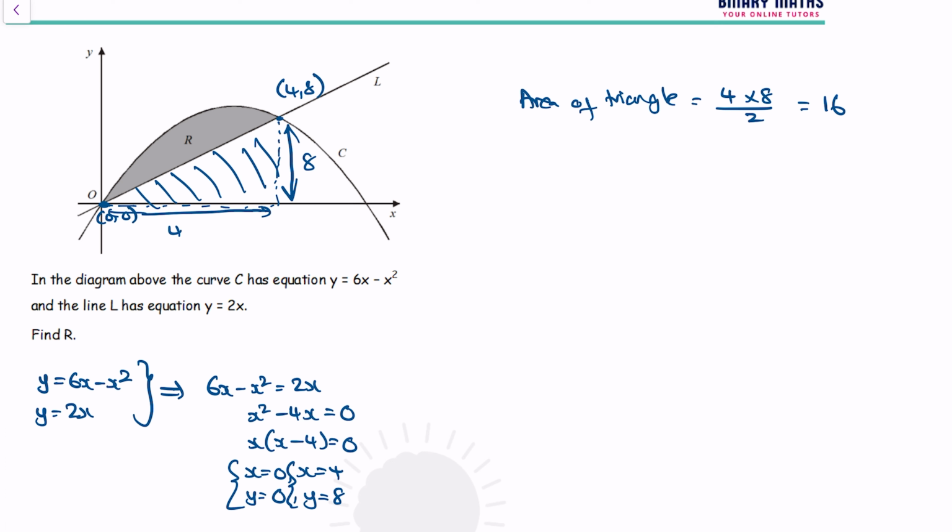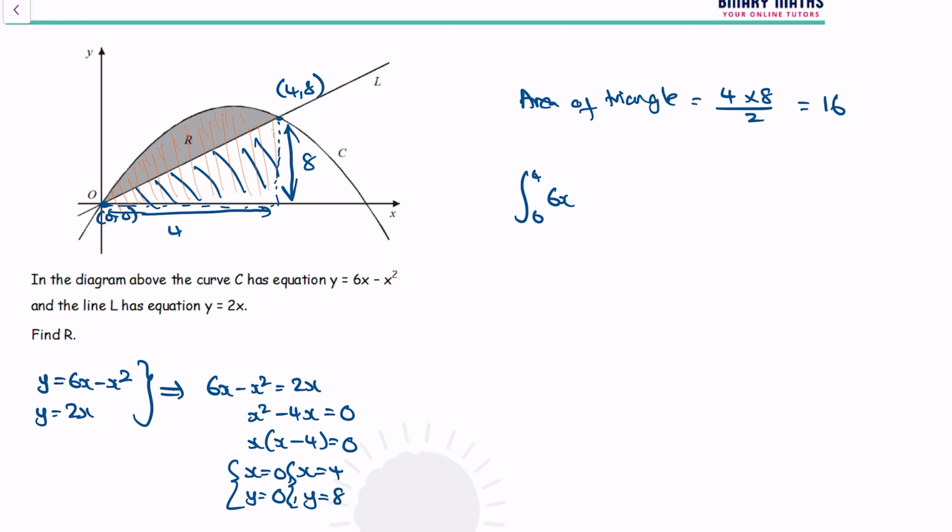Now if I integrate the area under the curve all the way up to x equals 4, then subtract the area of the triangle, I'll get R. The orange part includes the triangle and area R. So I'm integrating between 4 and 0 the area under the curve, not the straight line.